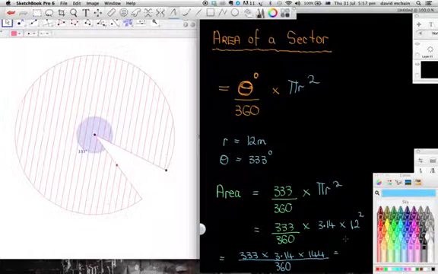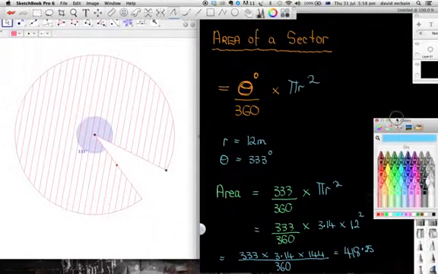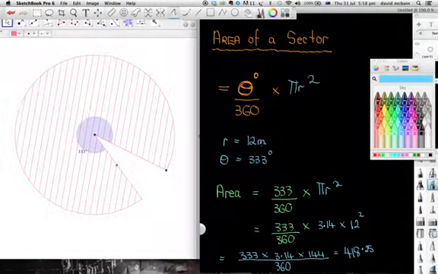And if we work that out, we've got 333 times 3.14 times 144 divided by 360, and that equals 418.25. This time we're measuring in metres, so our units will be metres squared.